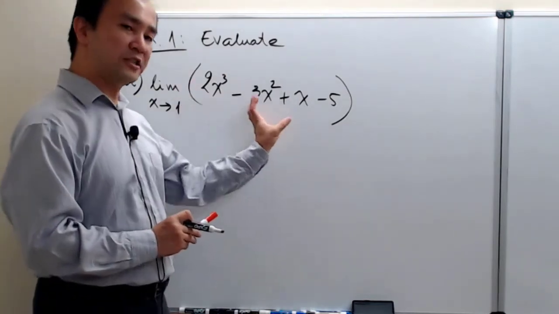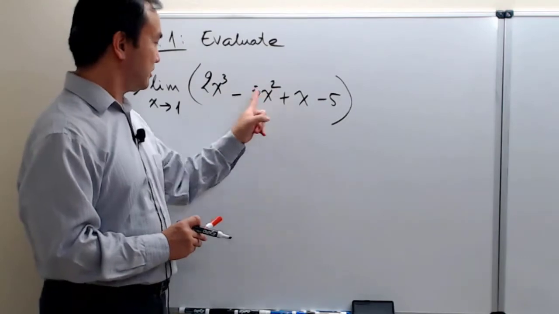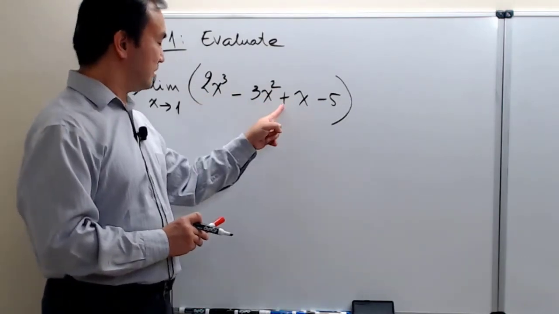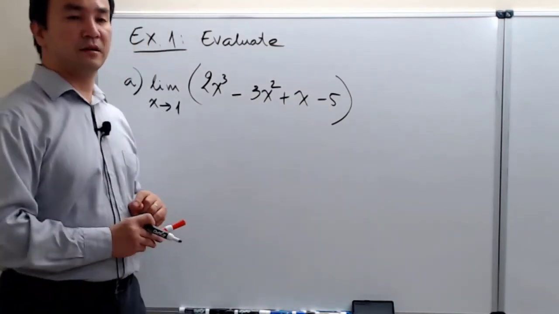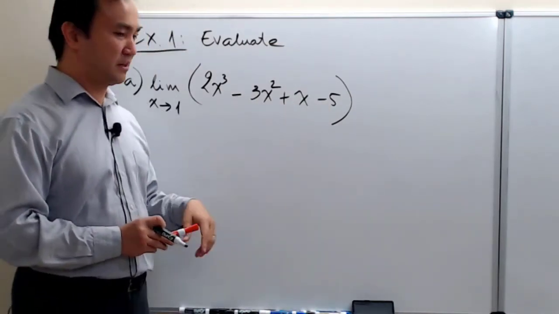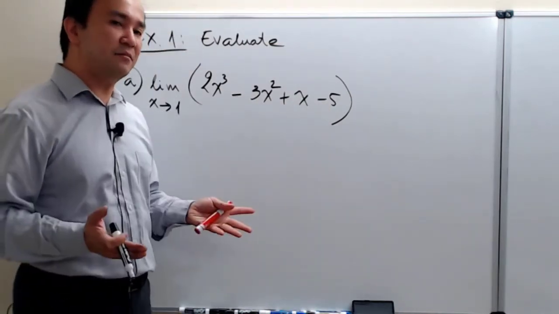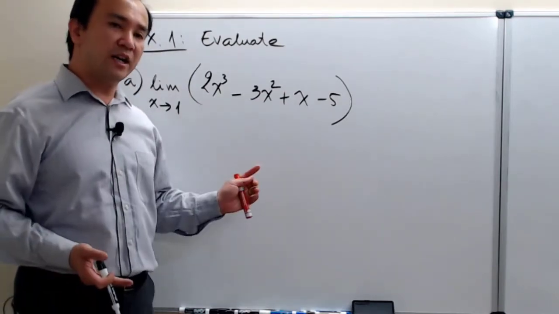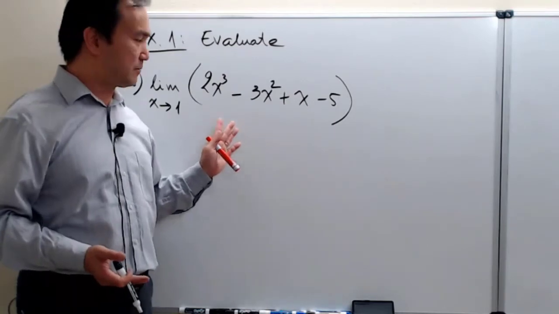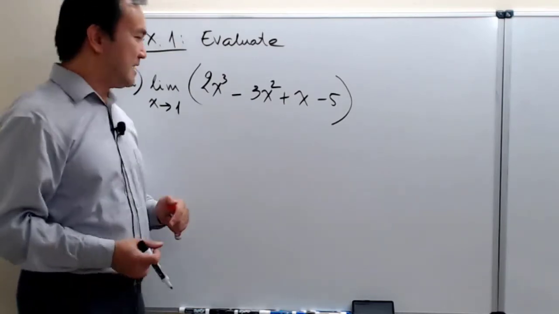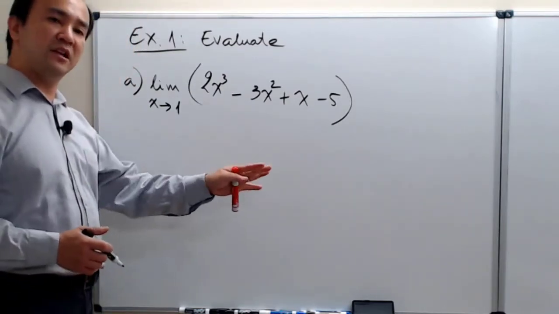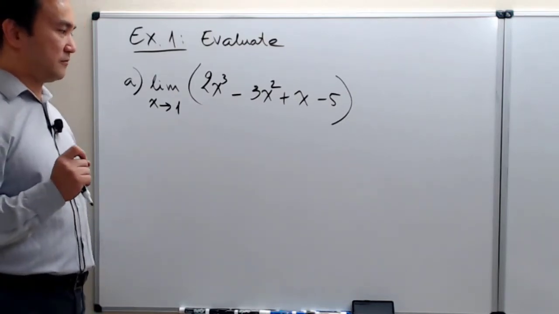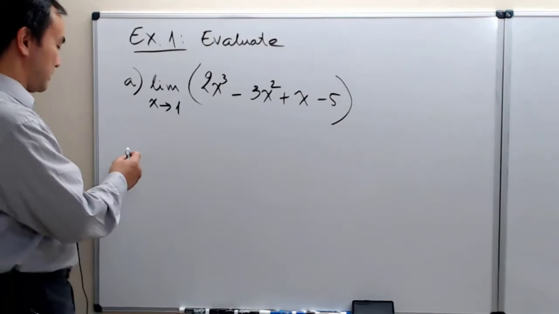It has 4 terms, there are powers, there are constant multiples, and there are sums and differences. Trust me, even though I've had years of experience working with limits, I don't want to use a table approach on something like this. So let's use the limit laws and apply all the laws we have learned, and then you will see how valuable those laws are.